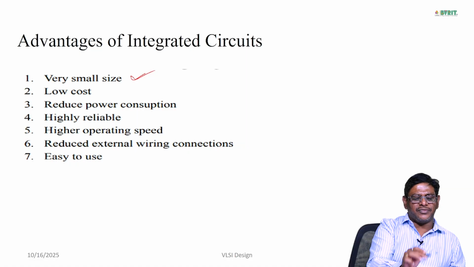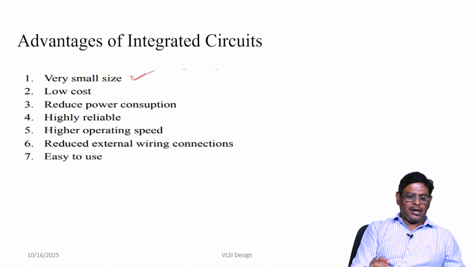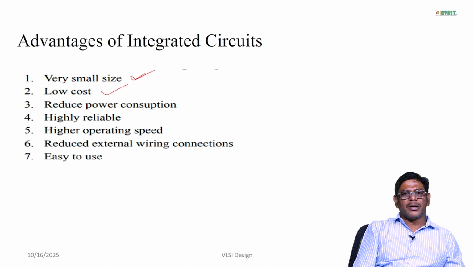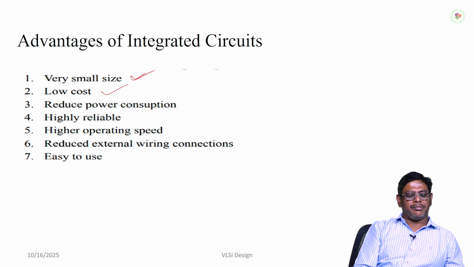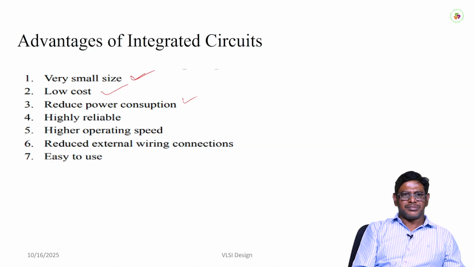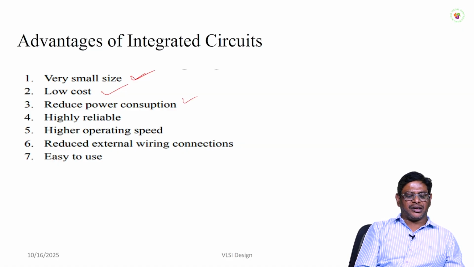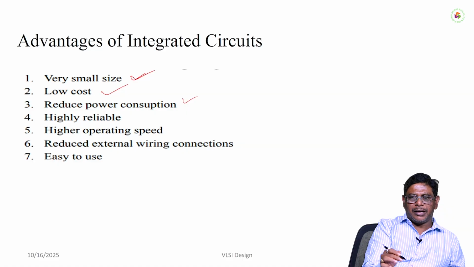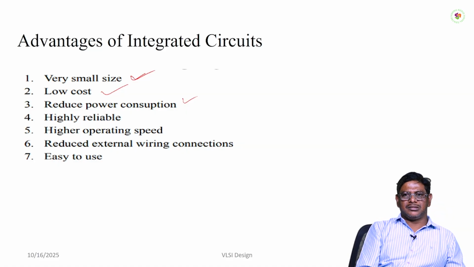This is the advantage of small size. As millions of components can be fabricated at a time, the cost for a particular integrated circuit can be minimized. And using different power reduction techniques, the amount of power consumption can be minimized.